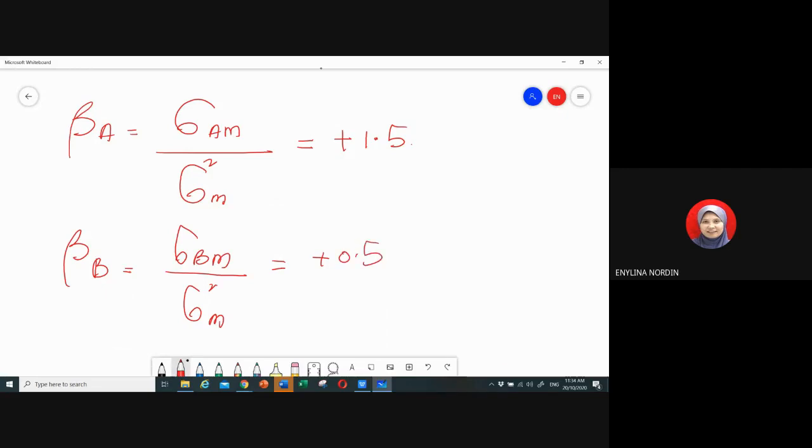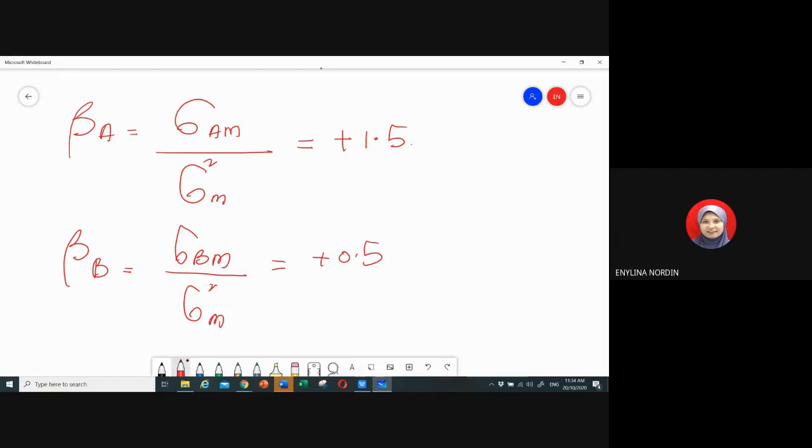Both stocks' returns are moving in the same direction with the market. Maksud dia apa? Kalau market tu naik, return stock A and B pun akan naik. Tapi return stock mana yang akan naik lebih banyak? Stock A. Sebab beta dia 1.5. Okay? Right. Kalau kita nak measure, nak compare dari segi risk dia, which stock is more risky?